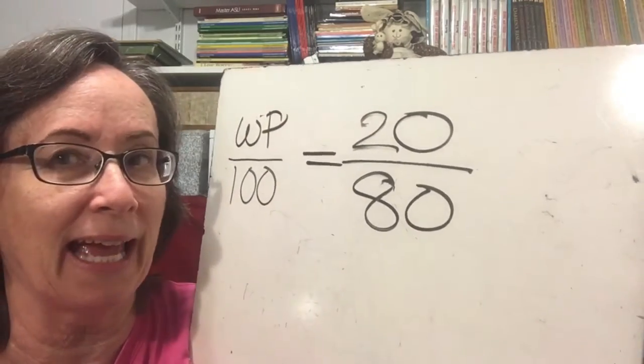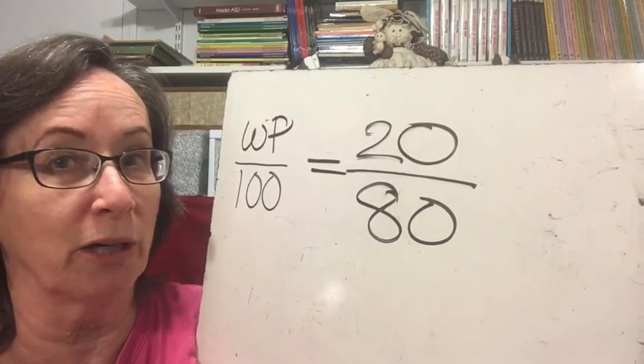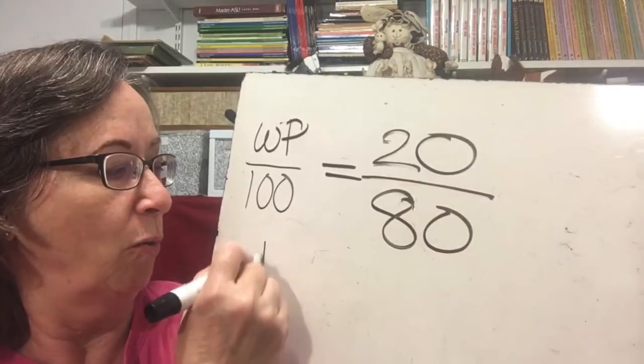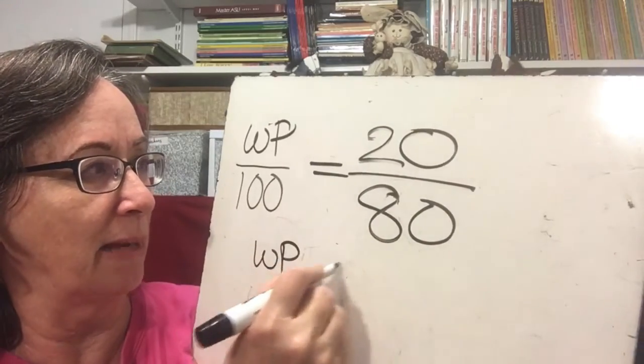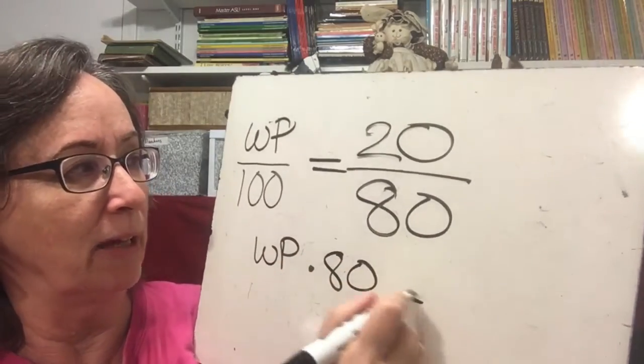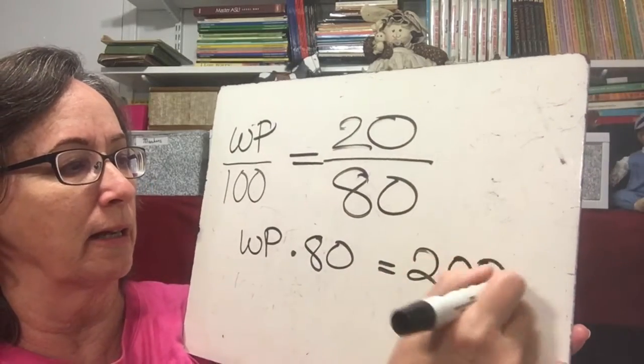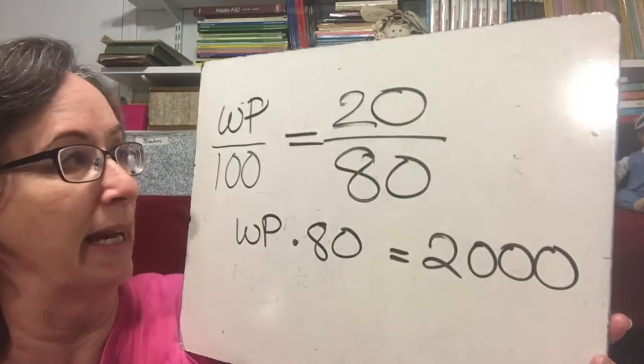Now, if you're looking at how to actually work it, we could cross multiply from there and have what percent times 80 equals 20 times 100, which is one way you could set it up.